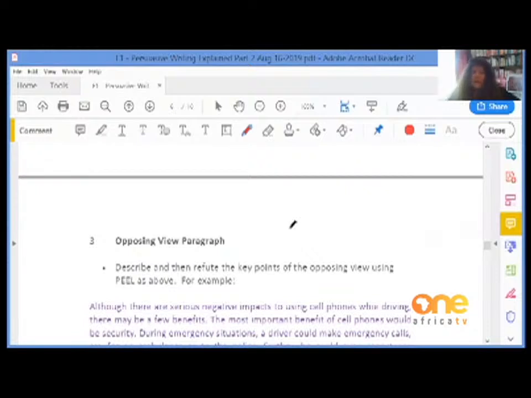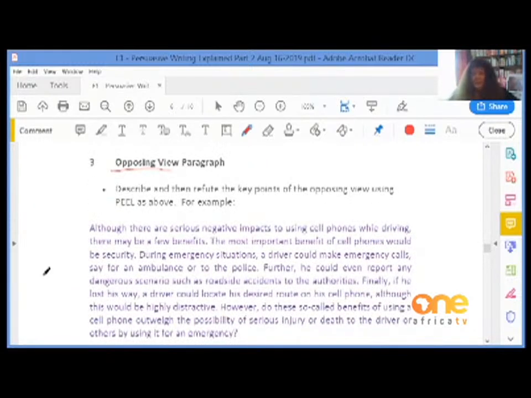Right. Now we've got to write the counter-argument or opposing view paragraph. Okay. So, although there are serious negative impacts to using cell phones while driving, there may be a few benefits. The most important benefit of cell phones would be security.